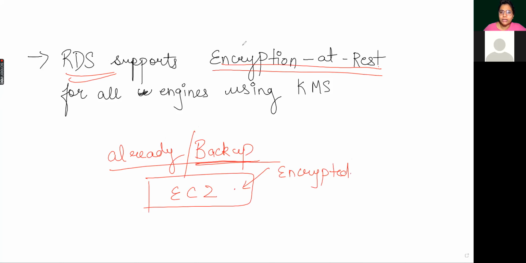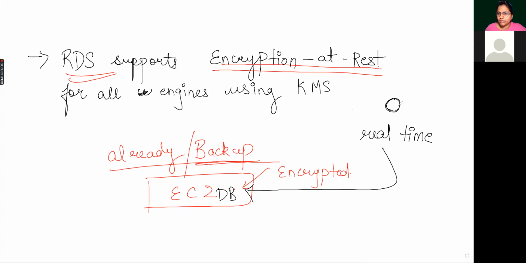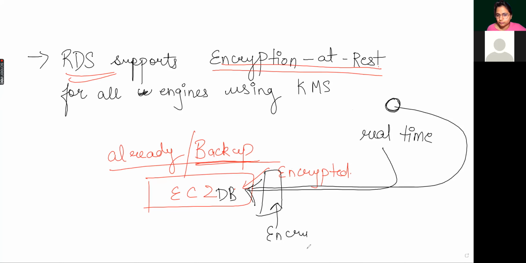But what happens when new data is coming inside this database? You are doing real time analysis of the data. The user is generating data, and in real time the data is coming. So here there will be a policy of encryption. Got it.